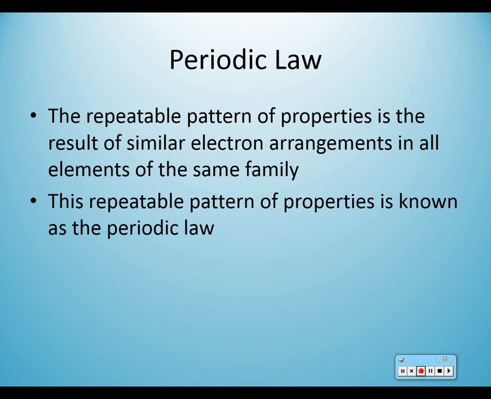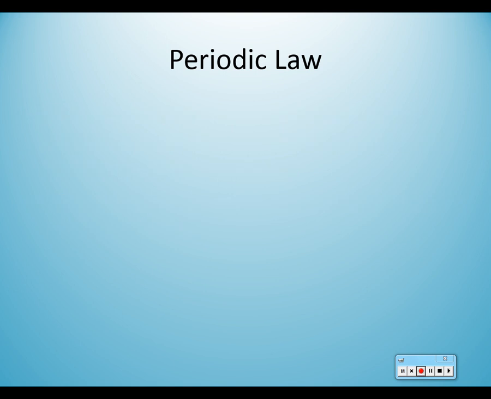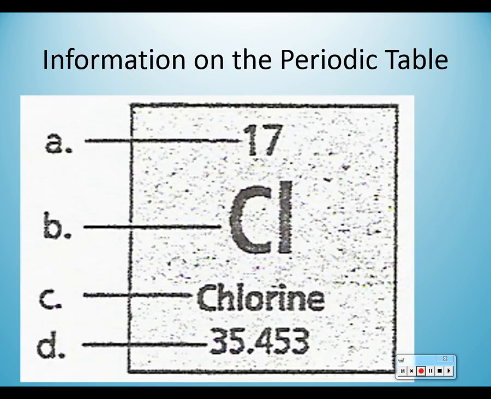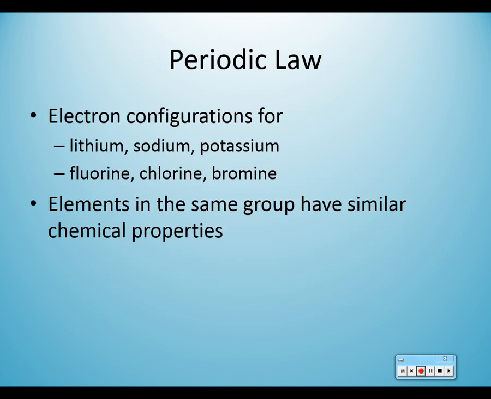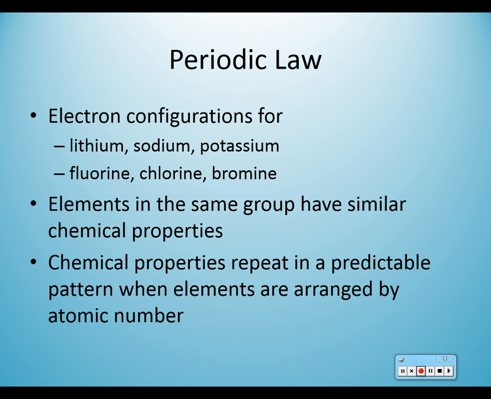Okay? Sorry, that's the back of this outline. I probably skipped the whole first page. Okay, this is the front of your outline. So, elements in the same group have similar chemical properties. Chemical properties repeat in a predictable pattern when the elements are arranged by atomic number.